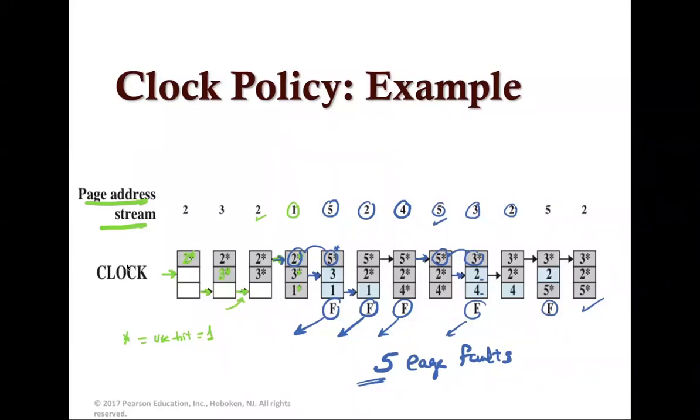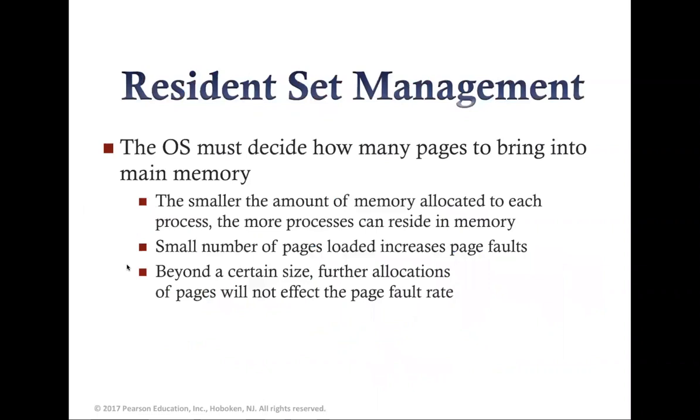All right. So far, we talked about placement policy, we talked about fetching policy, and even talked about the replacement policy. And we have introduced four different algorithms that are widely used to provide efficient replacement strategies.